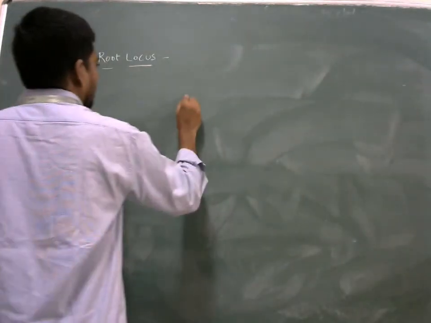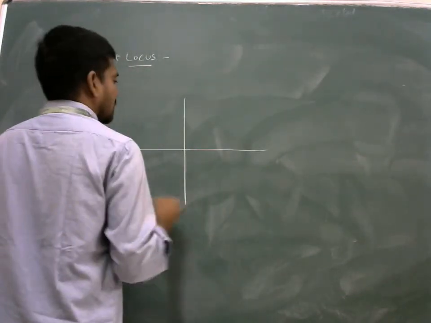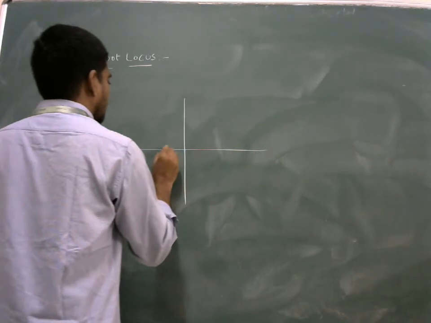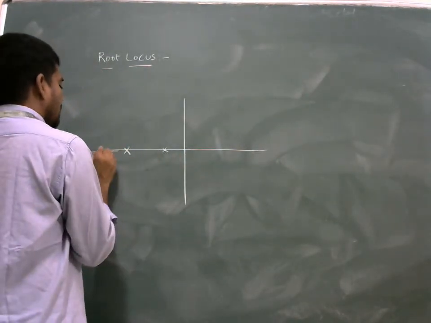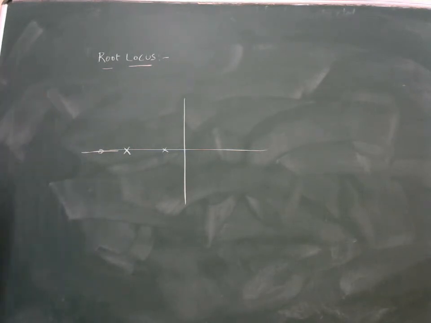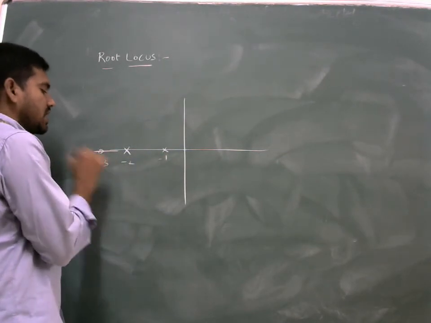Now what will happen here? I am taking it like this. Here you are having two poles. One more 0 also is there. Now you need to identify, after this point we take -1, -2, -3.